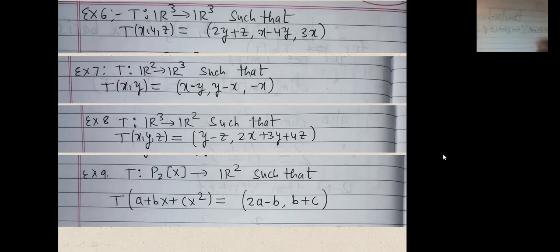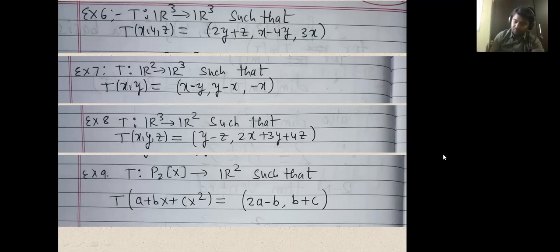Now what we will do is decompose this vector as the addition of different terms, one containing x, plus one containing y, plus one containing z.